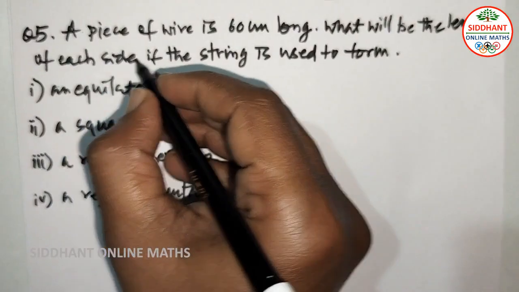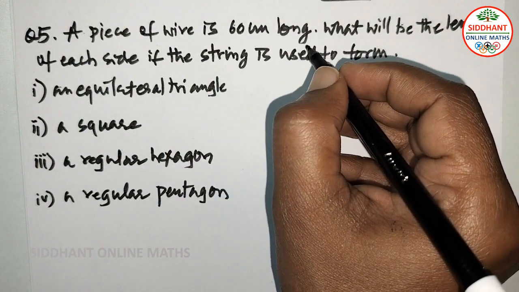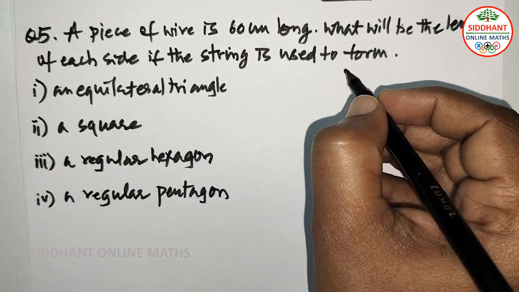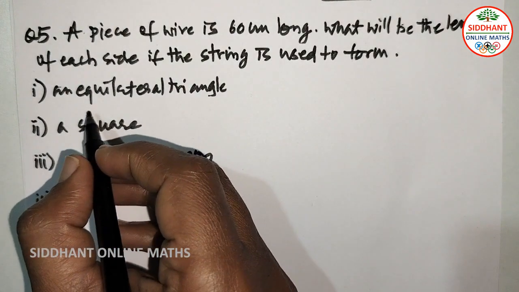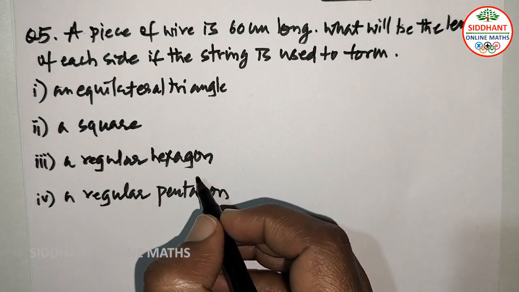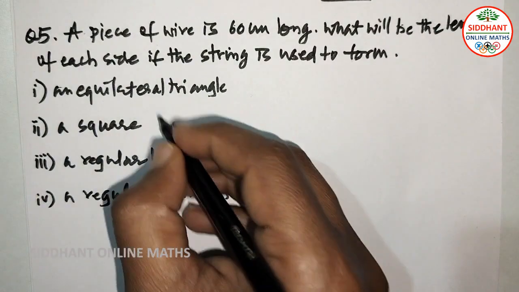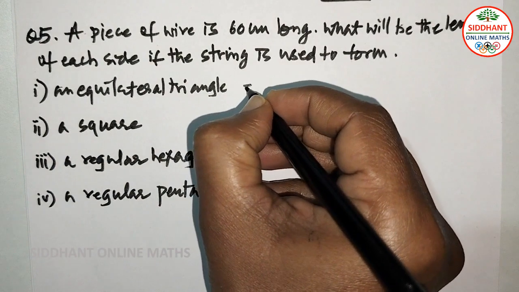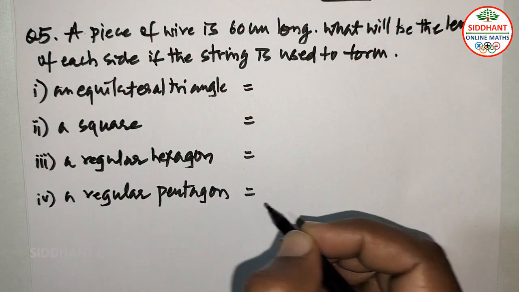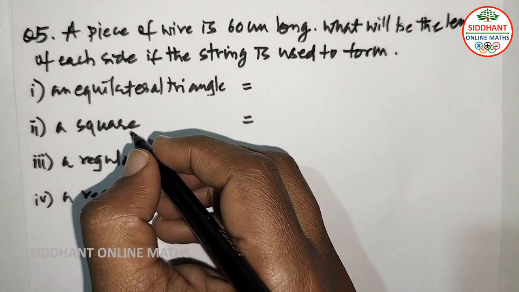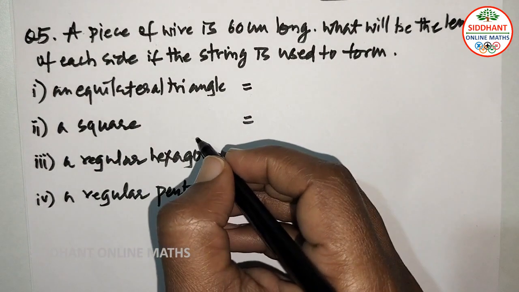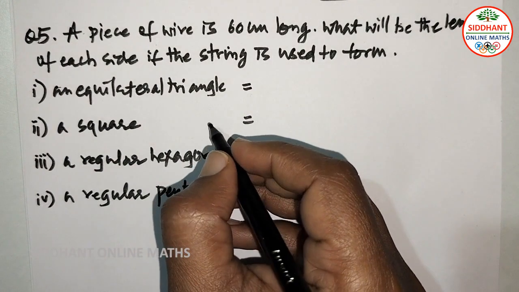Question number 5. A piece of wire is 60 centimeters long. What will be the length of each side if the string is used to form an equilateral triangle, a square, a regular hexagon, a regular pentagon? So here different shapes have been given. First we are going to use the perimeter of the different shapes, then we are going to find the dimension of one side.